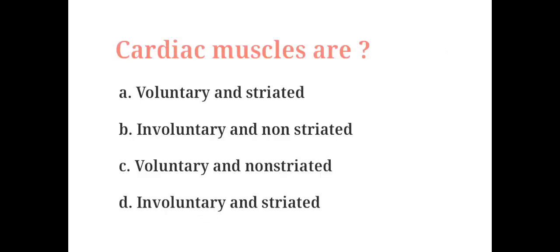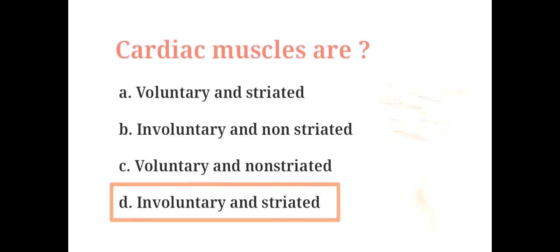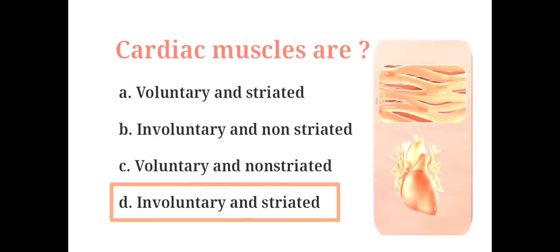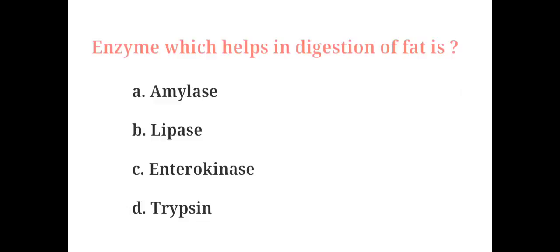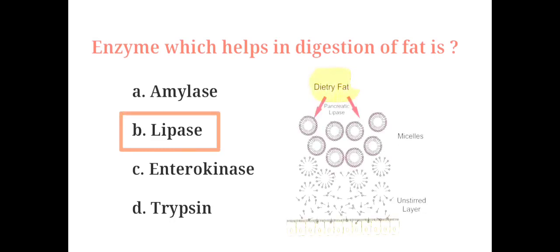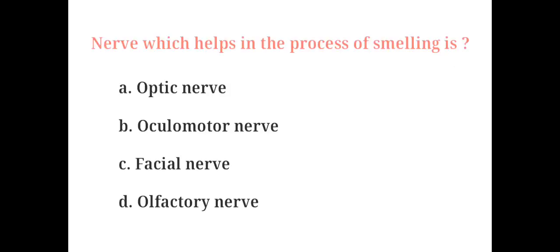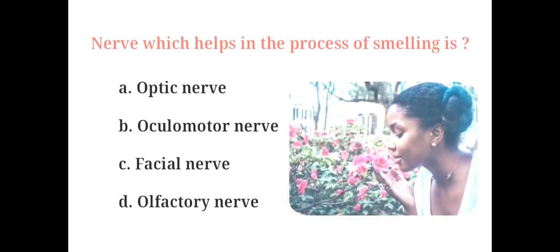Cardiac muscles are. The correct answer is D. Involuntary and striated. Enzyme which helps in digestion of fat is. The correct answer is B. Lipase. Nerve which helps in the process of smelling is. The correct answer is D. Olfactory nerve.